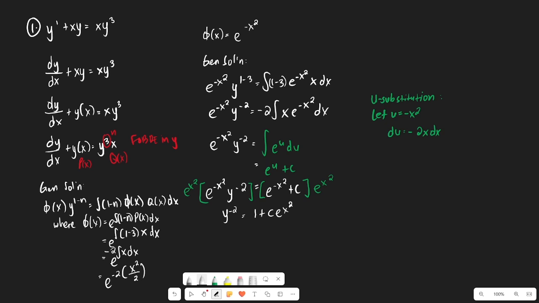Okay? And now, if you want, you can also multiply both sides by, let's say, y cube, so that you have a positive y right here. But this is fine as your final answer. Y raised to negative 2 is equal to 1 plus c e raised to x squared.